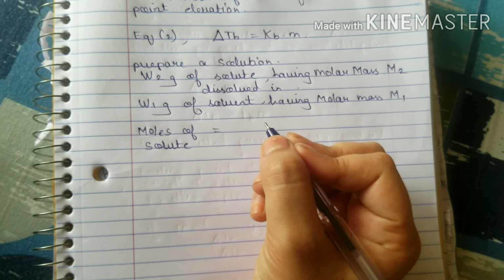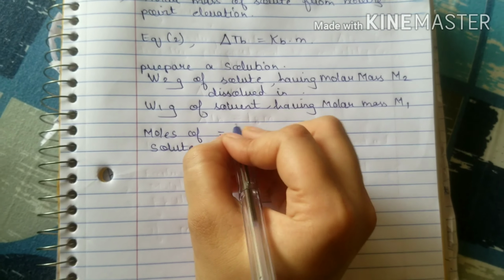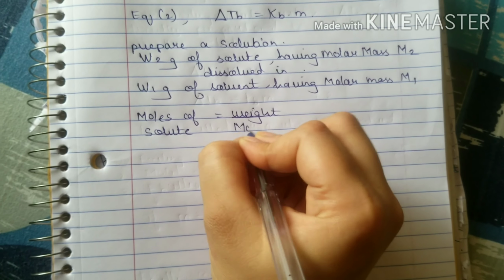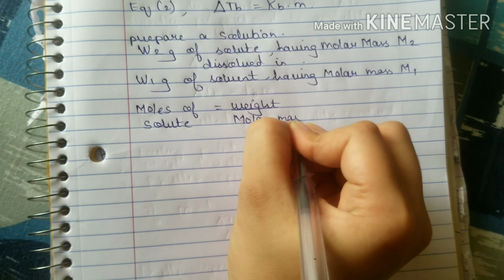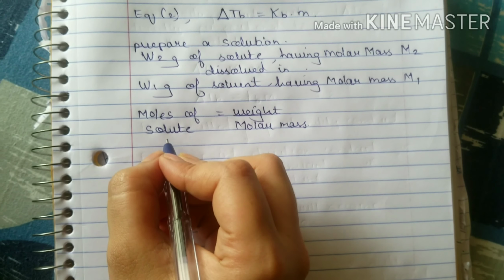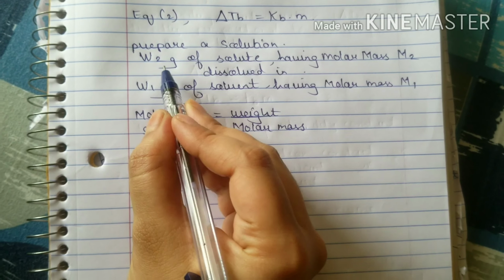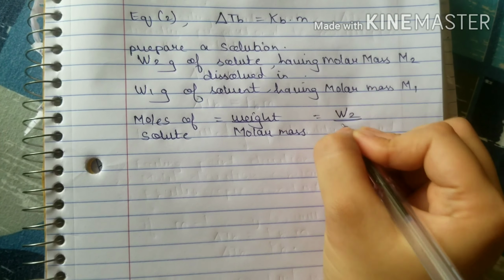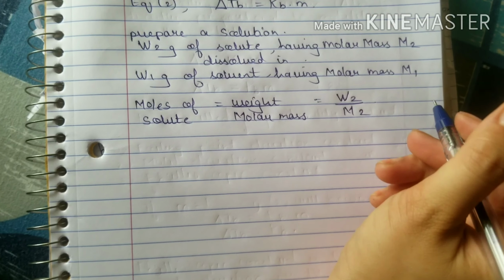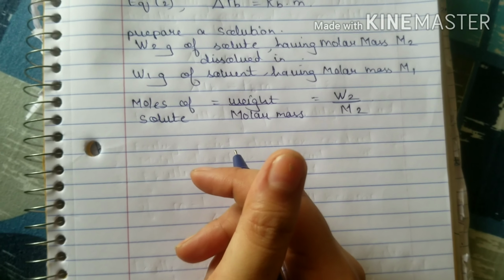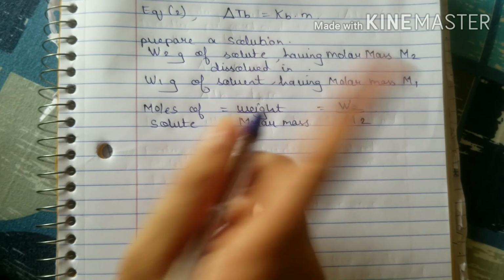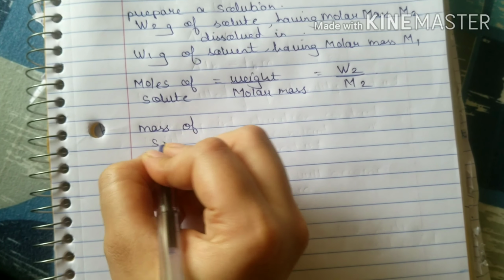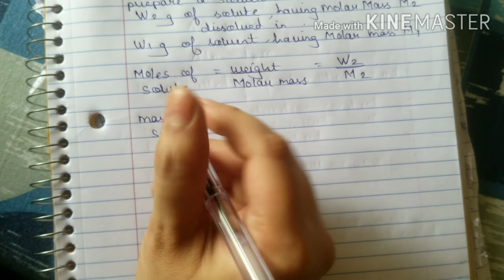When you calculate the number of moles, the formula is weight upon molar mass. And because we are calculating for solute, solute is W2 and M2, so this is going to be W2 upon M2, right? Now the next step is we need to calculate the mass of solvent in kgs.